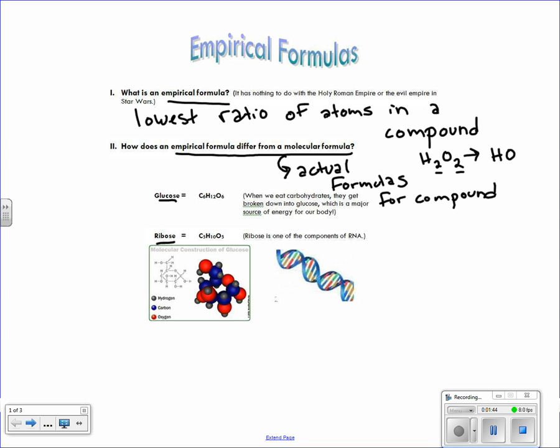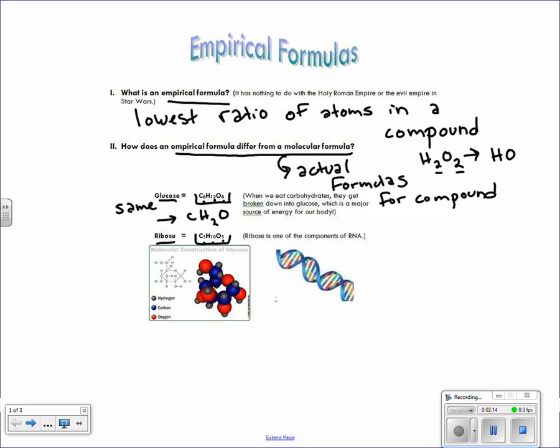If you'll notice, these two have different formulas, C6H12O6 versus C5H10O5. But you'll notice they have the same empirical formula. Do you see how both of these are in a ratio of CH2O? You can divide 6, 12, and 6 by a factor of 6, 5, 10, and 5 by a factor of 5. So while these compounds have different molecular formulas, these both have the same empirical formula.